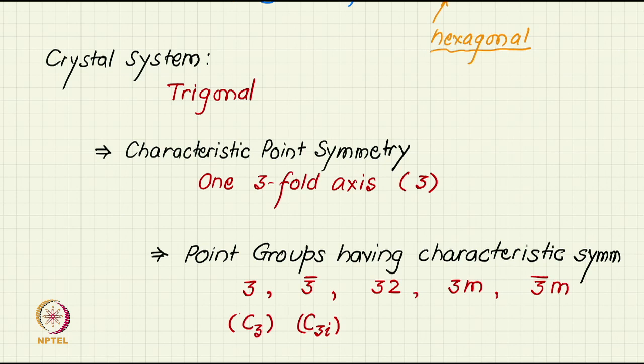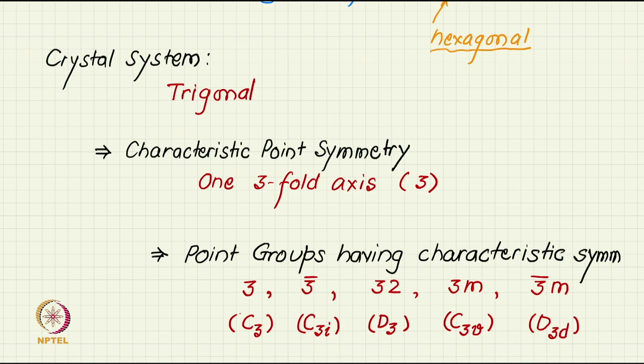That is what is noted in the Schoenflies notation, a threefold as well as an inversion center. 32 is called the dihedral group D3. 3m is a threefold with vertical mirrors, that is, mirrors passing through the threefold axis, and 3 bar m is D3d, a dihedral group of order 3 with diagonal mirrors.